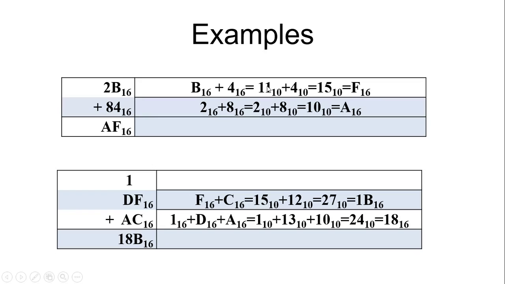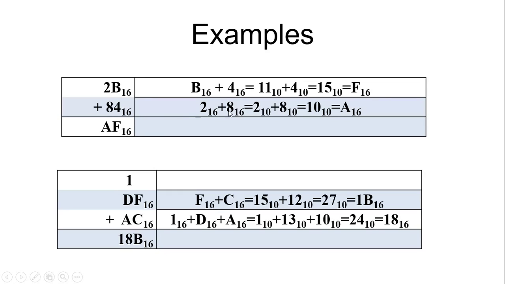So perform the addition in decimal. 11 plus 4 equals 15, and we have to replace this 15 by its corresponding hexadecimal digit. 15 in decimal is equivalent to f. So this column produces f. Now in this column we have 2 and 8.